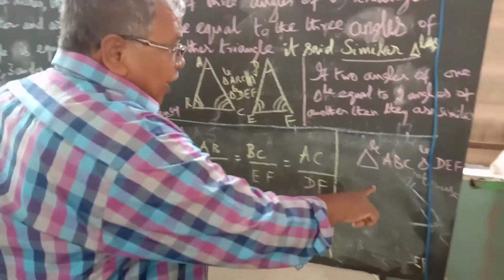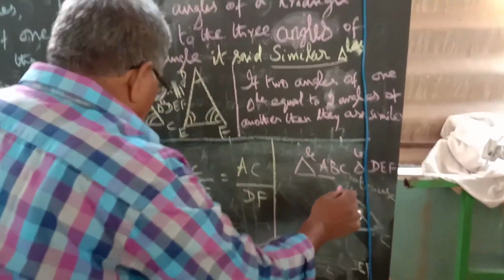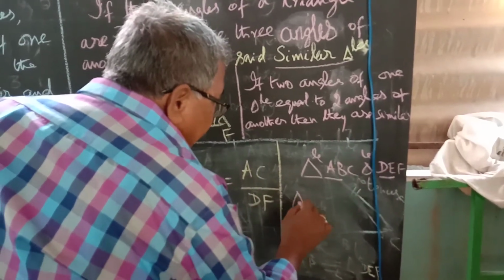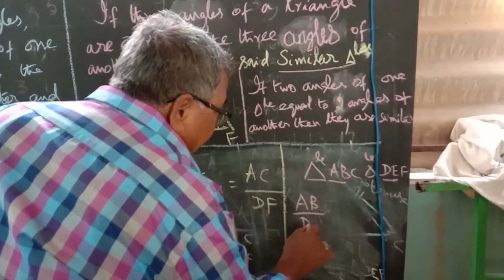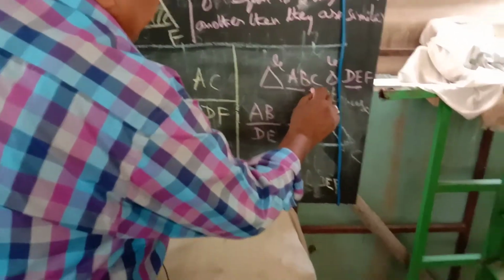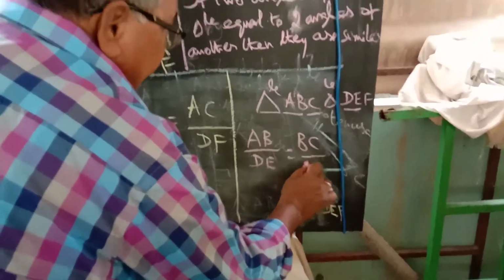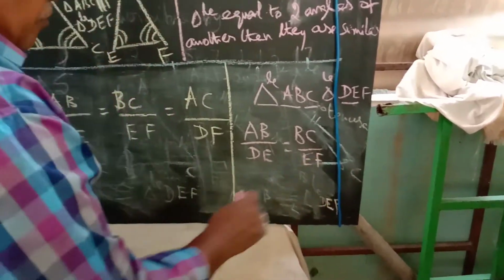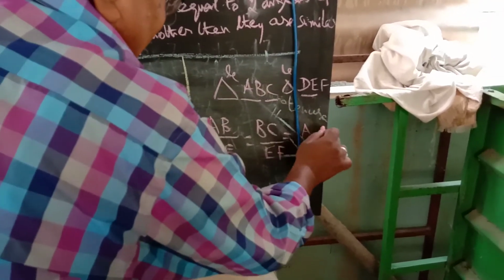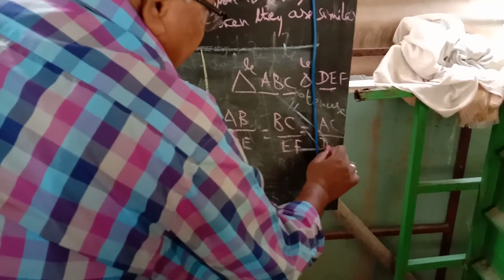If you write the angles like this, AB by DE is equal to next BC by EF, next CA, that is AC by DF.